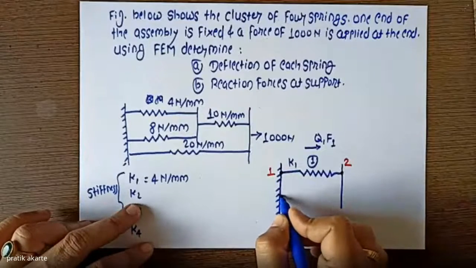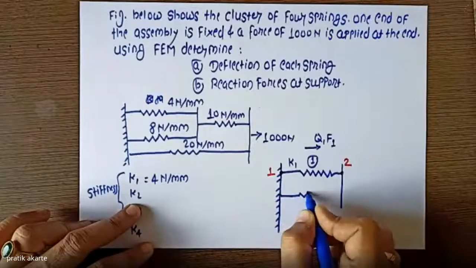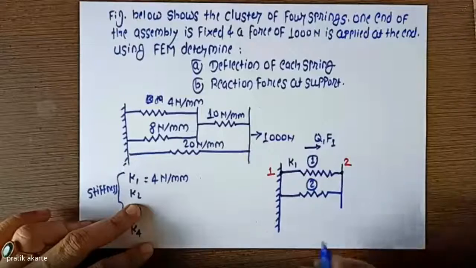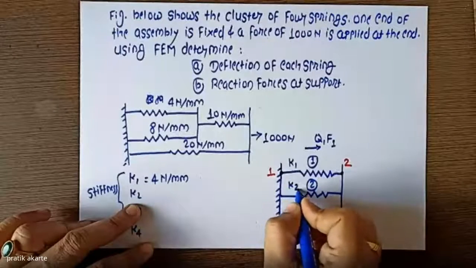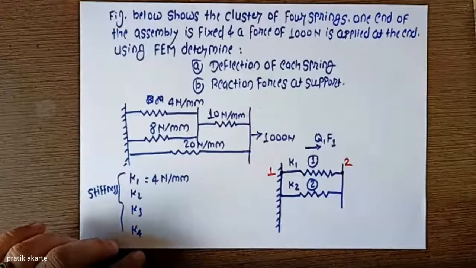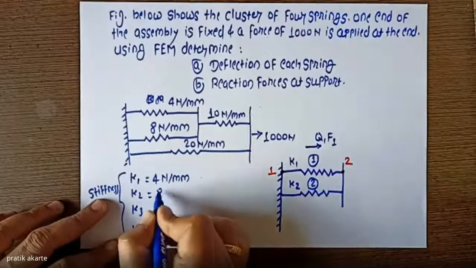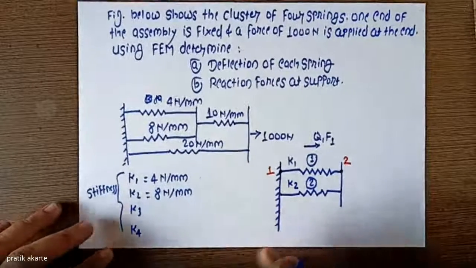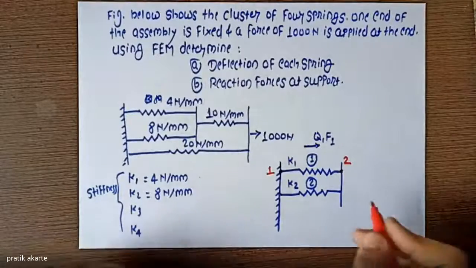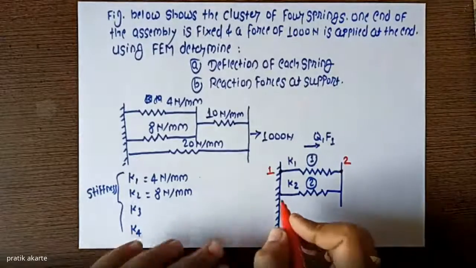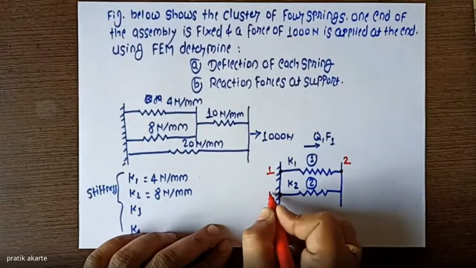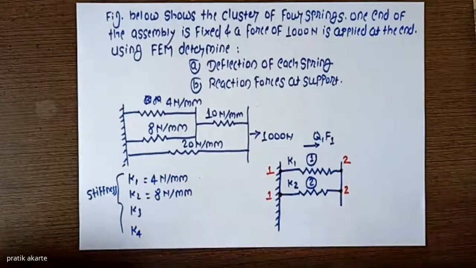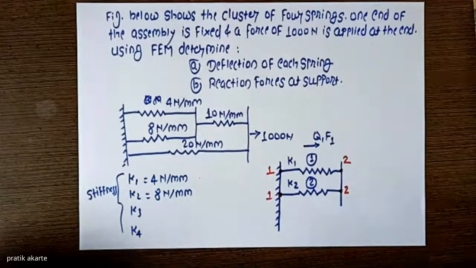I'll draw the second element in parallel to the first element. This is my second element. The stiffness for this element is K2, which is 8 Newton per millimeter. Again I'll give the node numbers as 1 and 2. Remember, these node numbers are on the global level.